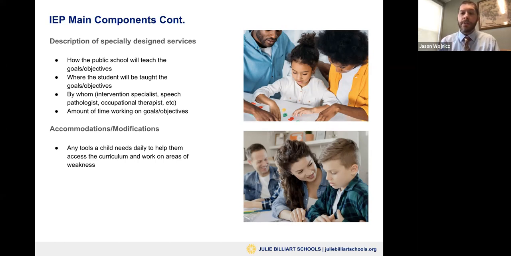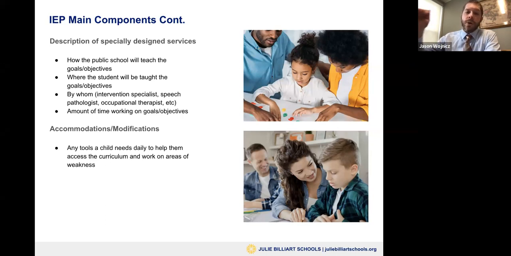In addition to that, you're going to be talking about the amount of time that this goal should be worked on over the course of the next year. Many times this is broken down by quarters, essentially IEP quarters. You'll find that a common pathway to this is every 9 weeks, how many minutes is this student going to be working on these goals and objectives.